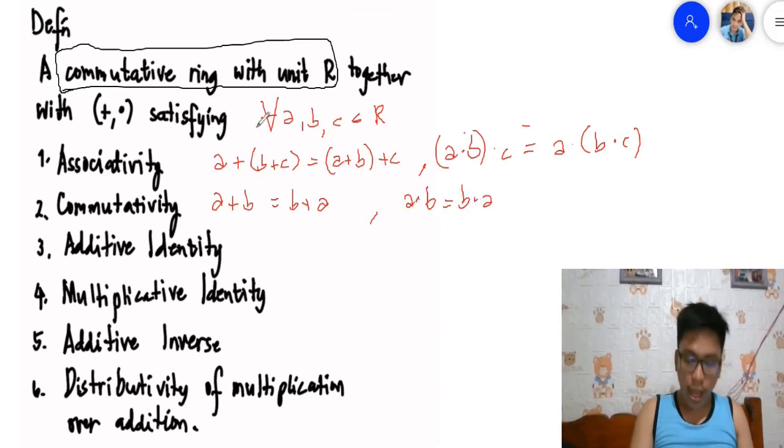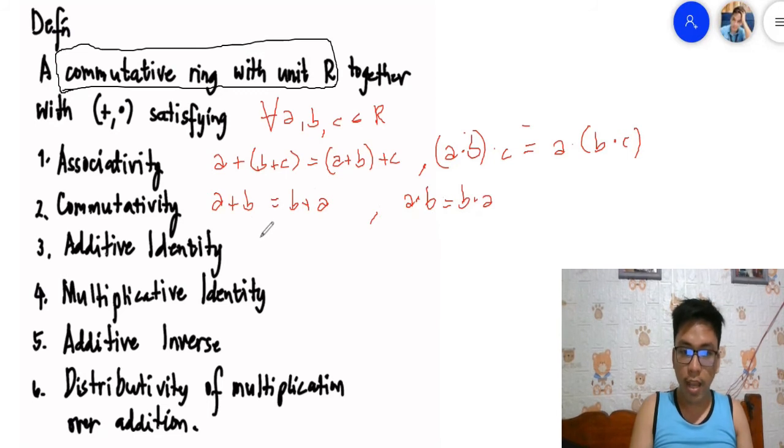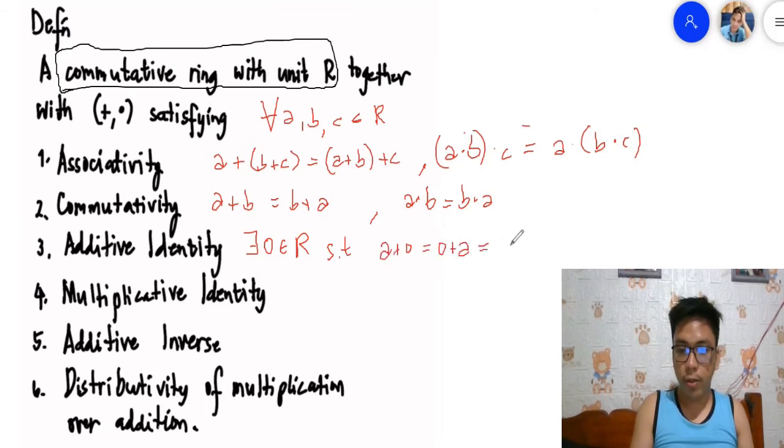For the additive identity, there exists an element 0 in R such that if you add a to 0, that's the same as adding 0 to a, and that's equal to a. And for the multiplicative identity, there exists a number 1, where 1 is not equal to 0, in R, such that a times 1 is the same as 1 times a, and that's equal to a.